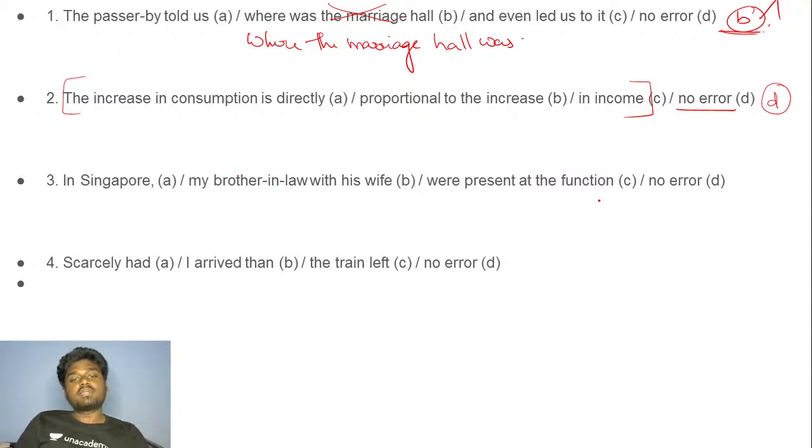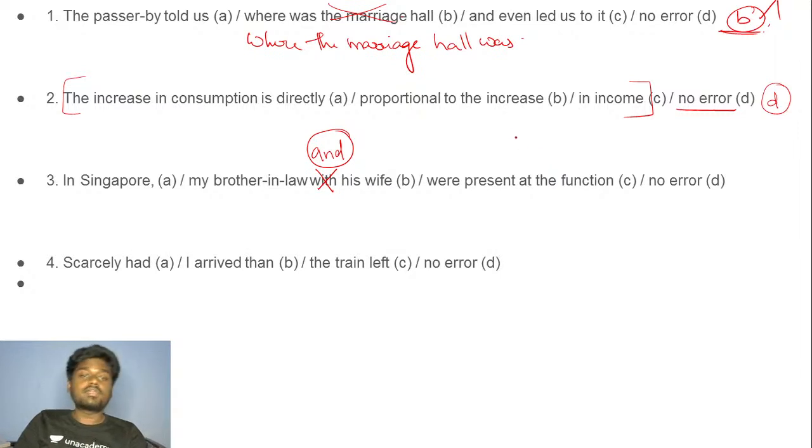If that is the case, listen carefully. I would say the most constructive way of making this sentence without error is: in Singapore, my brother-in-law and his wife were present at the function. This would be much more constructive when it comes to constructing the sentence here.